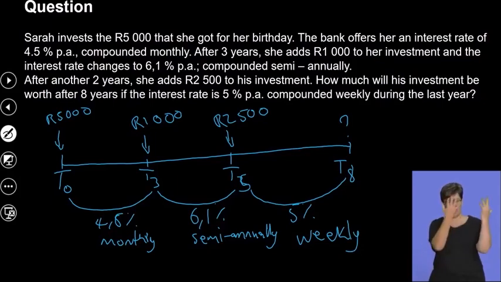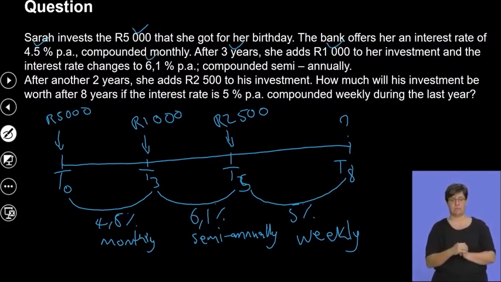But now let's go back and analyze whether we included everything on this timeline. The 5,000 is there, we included it. The bank offered her 4.5, we did include it. This was for 3 years. She then decided to add that amount, which we included. The interest changed to 6.1%, which we did include.